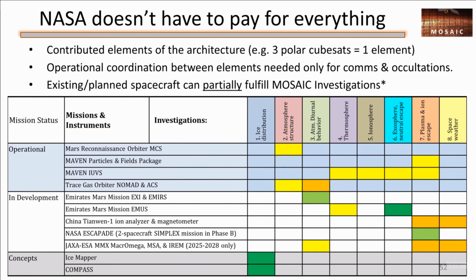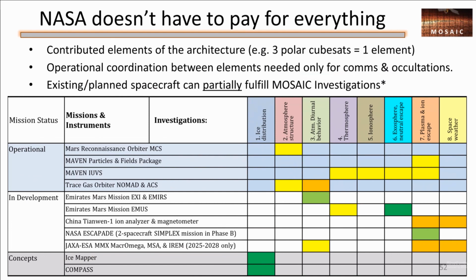And there are several missions both orbiting Mars now. You can see the MAVEN particle and fields package, the MAVEN imaging ultraviolet spectrometer, the trace gas orbiter instruments, and then missions launching either this year or soon. The Emirates Mars mission has 3 instruments that are definitely relevant to this. The Chinese mission that's launching this year has some instruments relevant to the magnetosphere and the space weather environment.